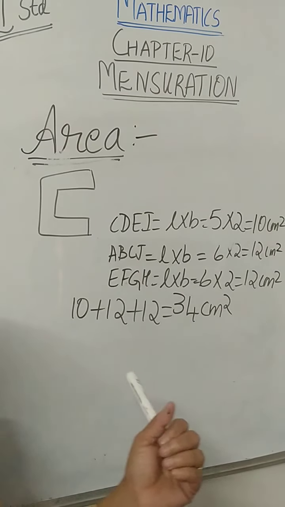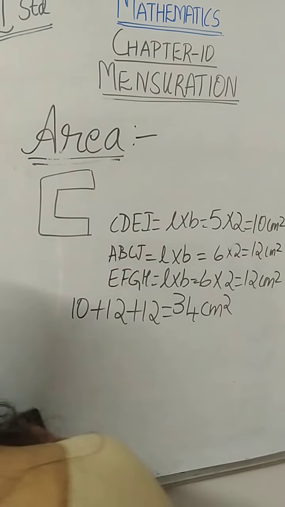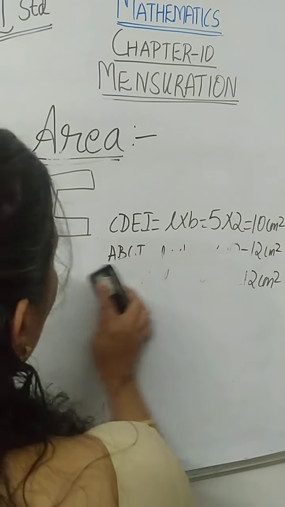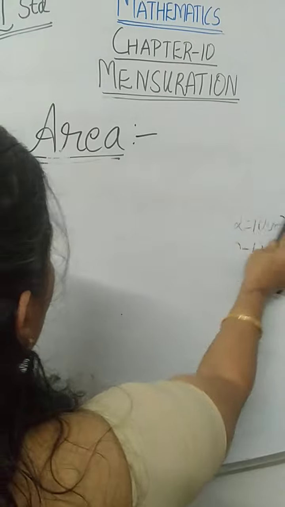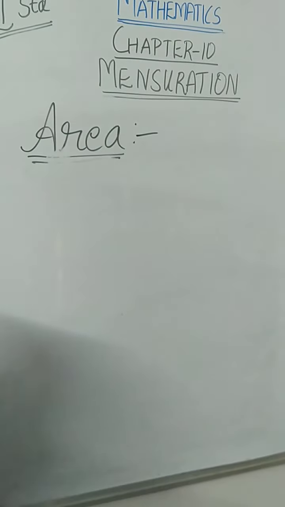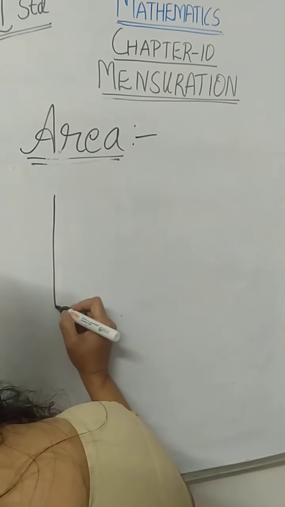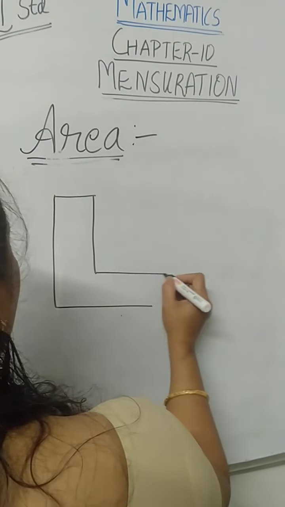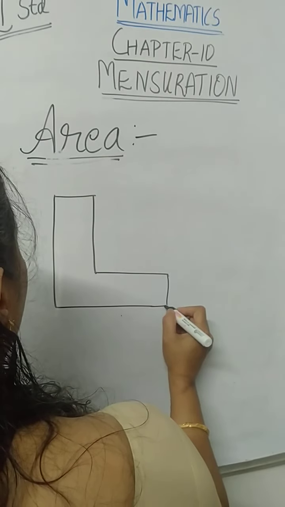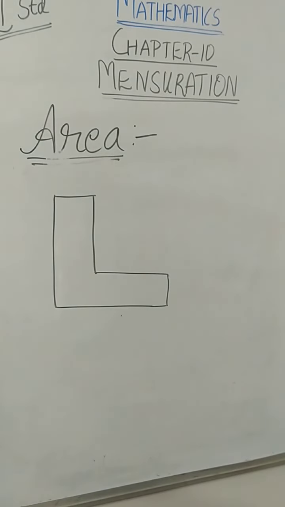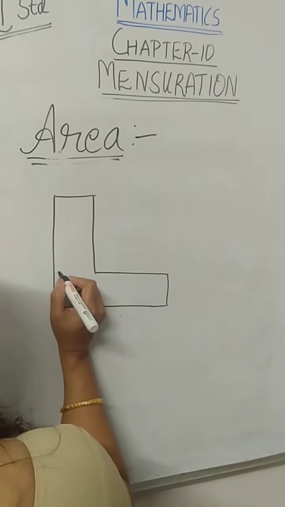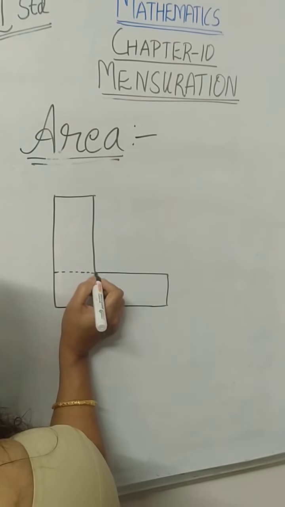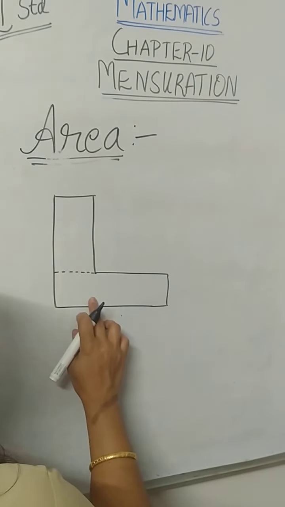This is how you calculate the area of the given figure. I'll show you another example so that you will understand better. A simple one I'll give you. If this is the shape they have given to calculate, divide it into different rectangles and find out. I'm going to divide it here. Here is a rectangle, here is a rectangle.